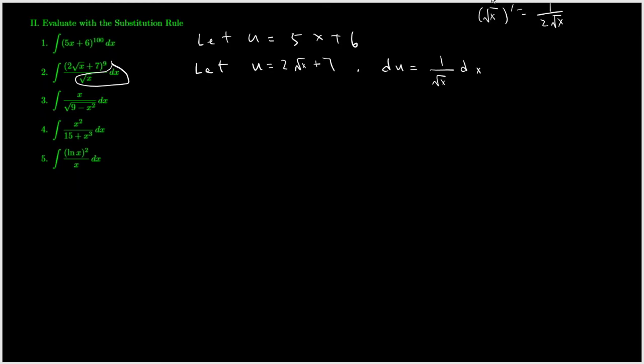Now for question 3. For question 3, choose u to be, it looks a little bit complicated, but if you choose u to be 9 minus x squared, then the whole thing is going to be simple.